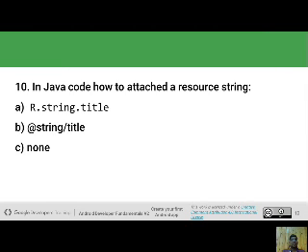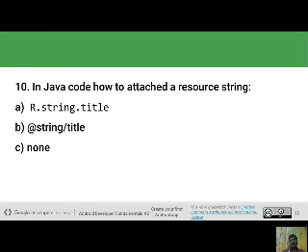First is capital R dot string dot title, where string means the string file and title means the name of the string used in your components. Second is @string/title, and third is none of the above.